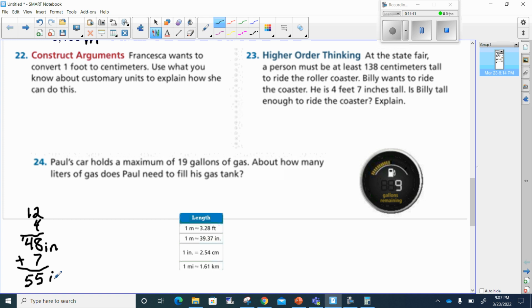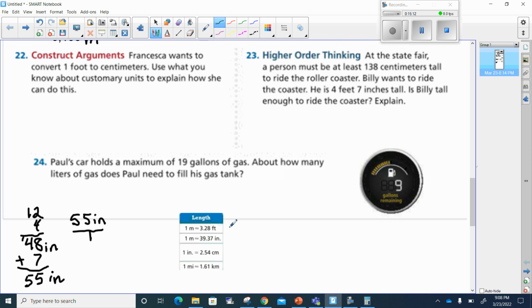So Billy's 55 inches. Now I have to take 55 inches and convert it to centimeters, right? Because they want to know, is he big enough if the ride is 138 centimeters, right? So he's got to be 138 or more. So I'm going to take the 55 inches over 1.